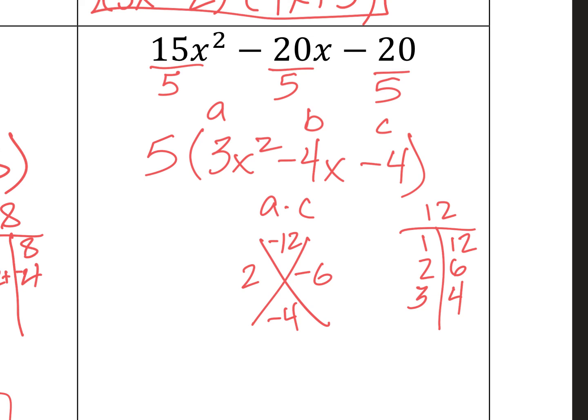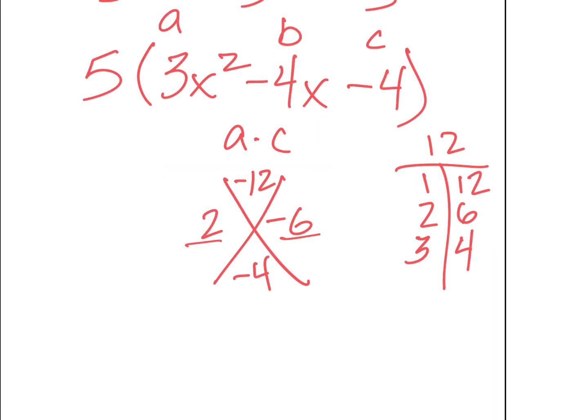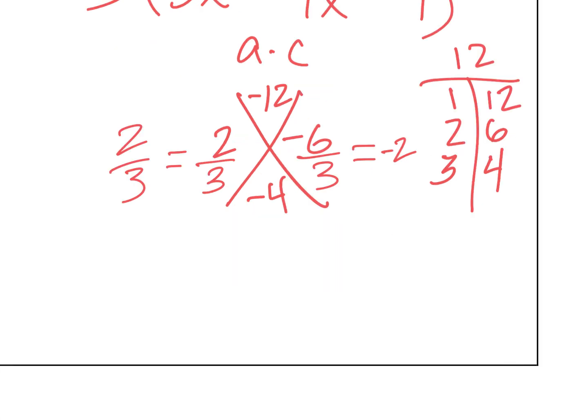What would be my next step? I'm going to divide by my A, which in this case is 3. So 2 over 3. It doesn't reduce anymore, so it's already simplified. Negative 6 over 3. If I simplify that, it becomes negative 2. So now we're going to bring it down here. Hold on.